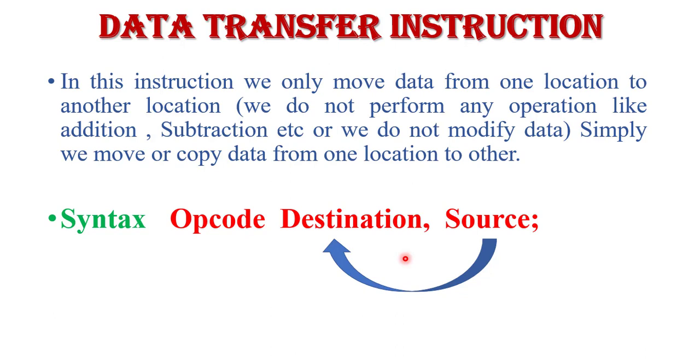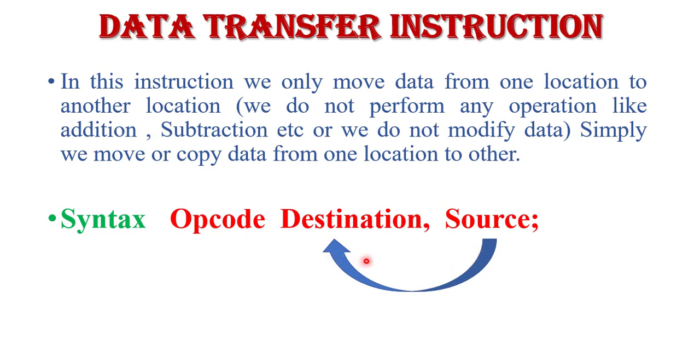In case of data transfer instruction, we transfer data from a source location to a destination location. The location from where data is transferred is called the source location, and the location where we place or copy the data is called the destination location.